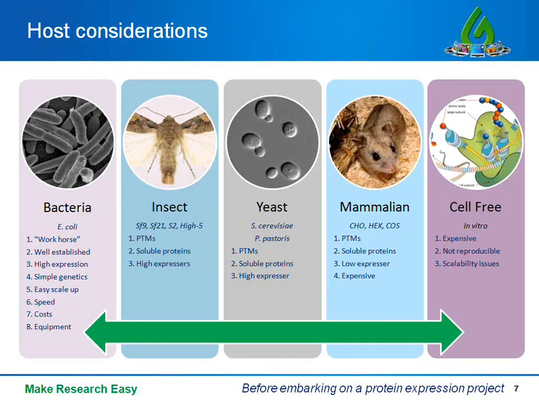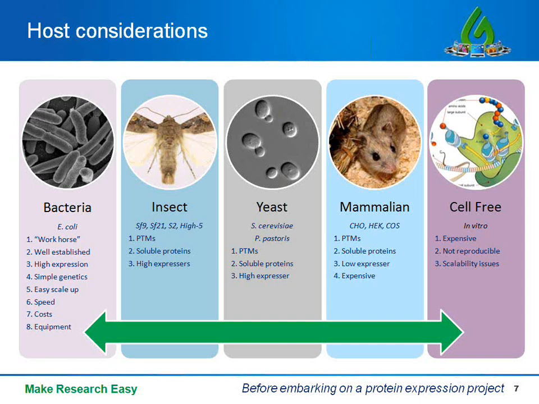The second, but equally important consideration is the host. Traditionally, recombinant proteins have been made in hosts like bacteria, insect cells, yeast cells, or in cells of a mammalian origin. There are also kits available that would allow you to make protein in vitro using a cell-free translation system.